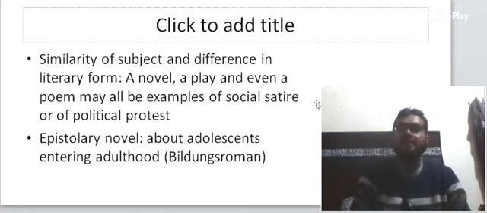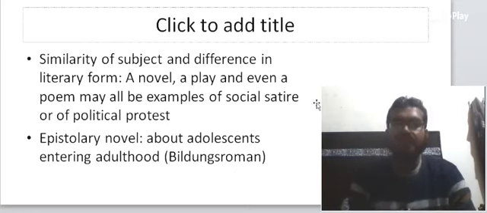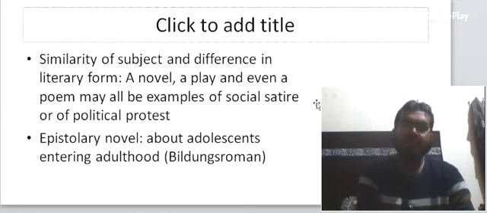So in this respect, you can have the example of James Joyce's novel The Portrait of an Artist as a Young Man, in which we have Stephen, the child, becoming adult and mature, not only physically but also intellectually. So that is why this novel will be called epistolary novel or Bildungsroman.